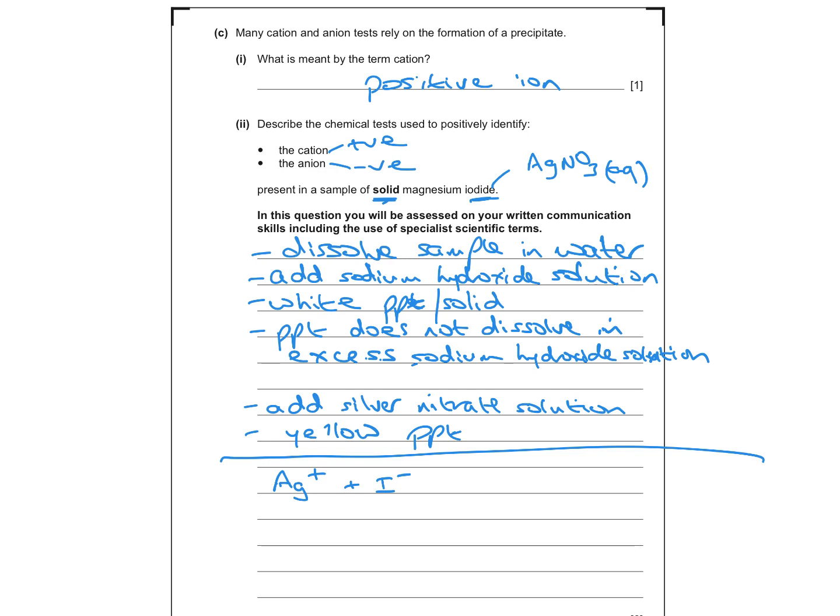When these two ions react together, and they're both aqueous, I would put in state symbols to show that they're dissolved, if I was asked. But when they react together, they form a solid of silver iodide, and it's that silver iodide which is the yellow precipitate.